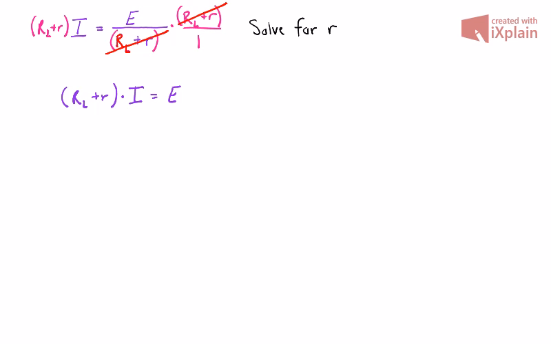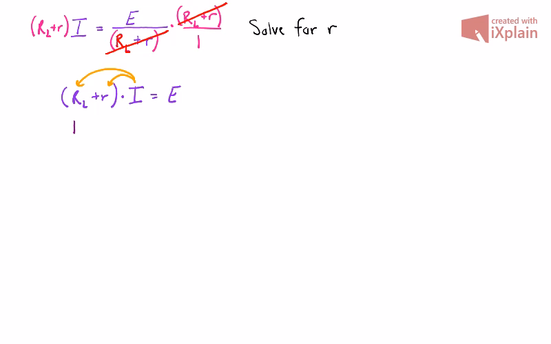So we still have some work to do because, as you can see, lowercase r is kind of having a party with all these other two terms. So in order to help me further, in order to break down those parentheses, I'm going to have to distribute. With a problem like this, it may seem like things are actually getting worse, and in some cases, visually they are, but you are still making progress.